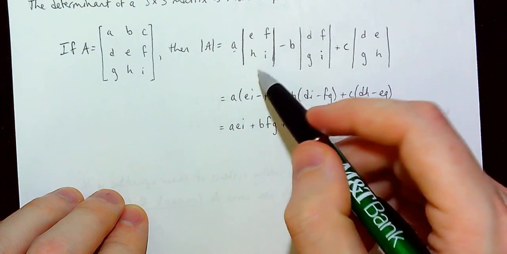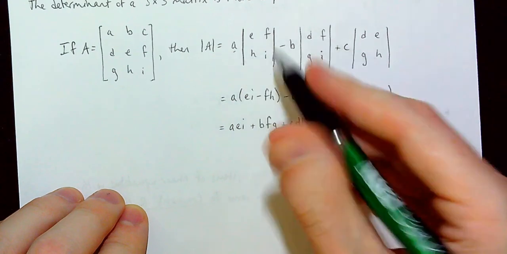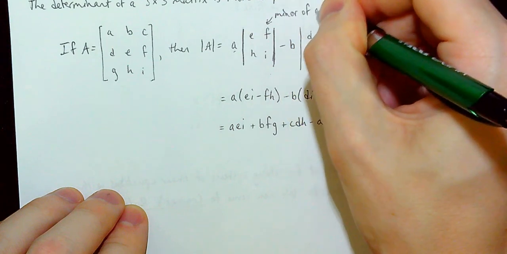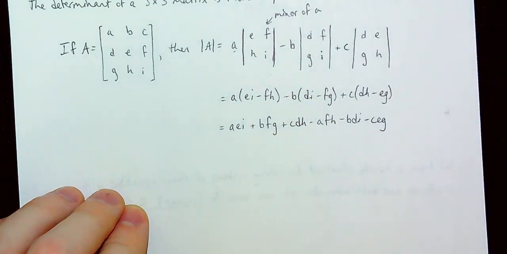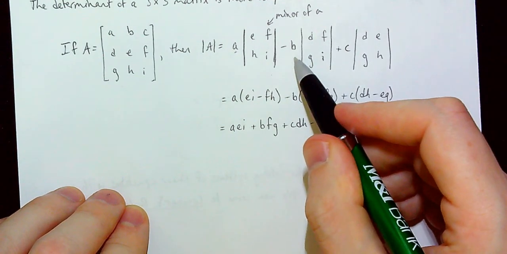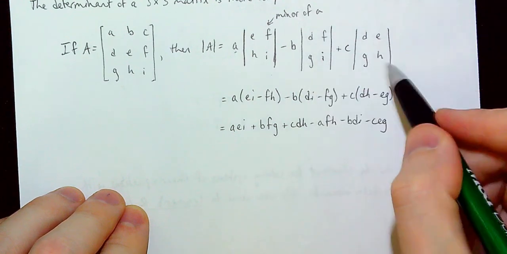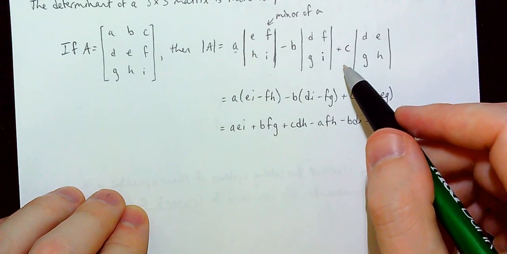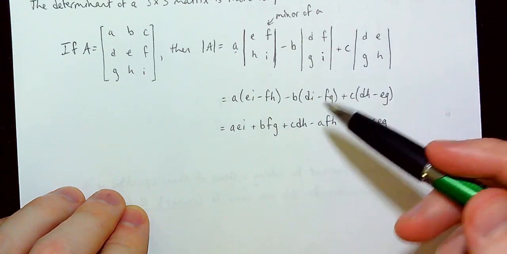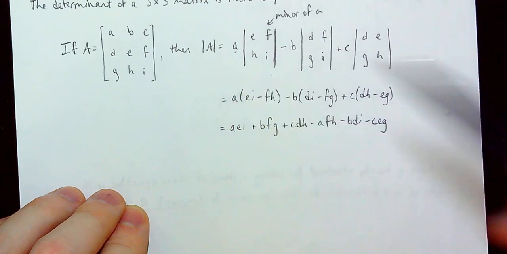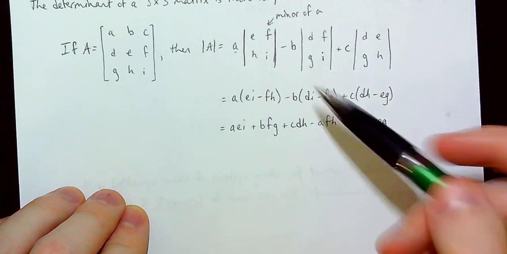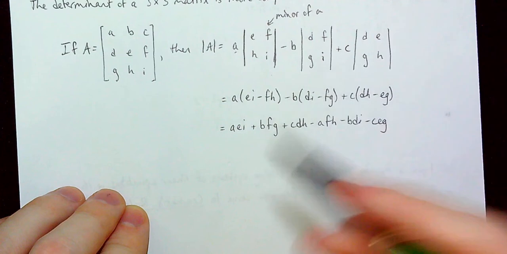This matrix here, this is called the minor of A. This matrix right here, D, F, G, I, that's the minor of B. And this matrix right here, D, E, G, H, that's the minor of C. So what we're doing is we're taking an element of the matrix and we're multiplying it by the determinant of its minor. And then we're either adding or subtracting those products.